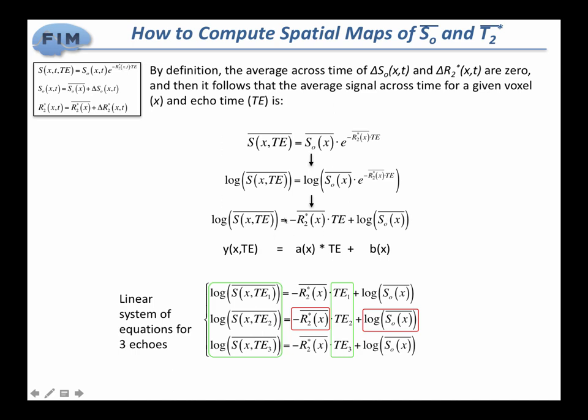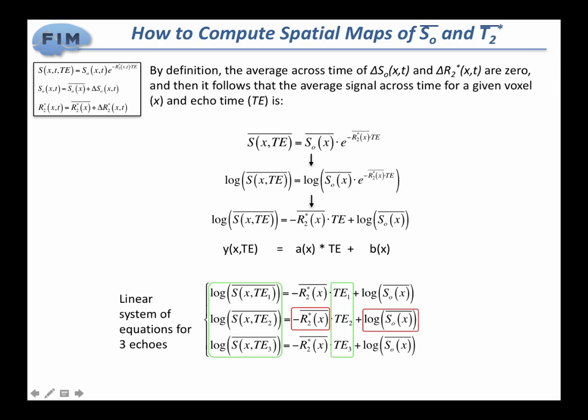If you look at this, it starts to look like a simple linear equation where we have that y, which is something we can measure on every voxel because it's just the mean of our time series across time for a given echo, equals something that is voxel dependent. This is the R2* mean multiplied by the echo time. We know the echo time because we set it on the scanner. We're going to do multi-echo with 3 echoes at 14 milliseconds, 27, and 42. So we know this.